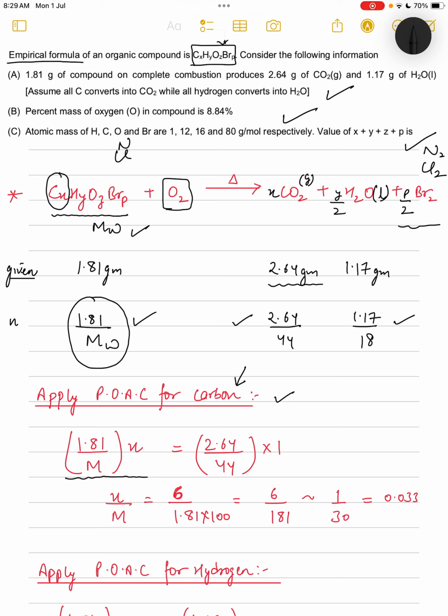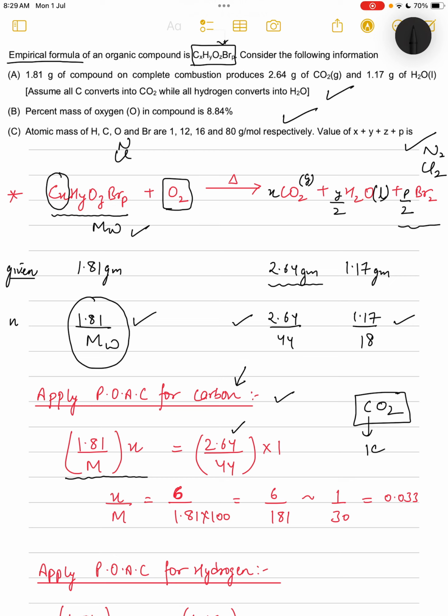Since the number of moles of carbon on the reactant side should be equal to the number of moles of carbon on the product side. On the product side, we have the number of moles of CO2 as 2.64 upon 44. And if you look at the CO2 molecule, one mole of CO2 contains one mole of carbon, right?